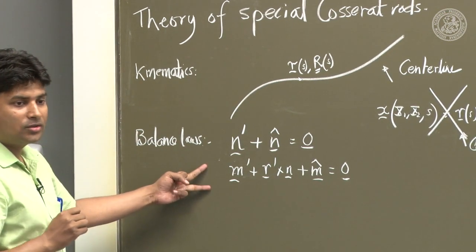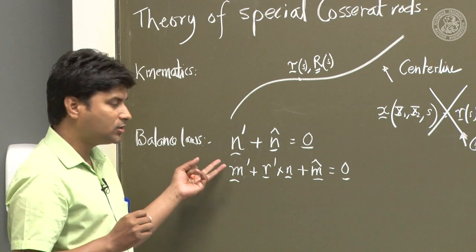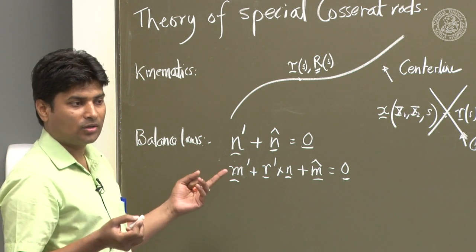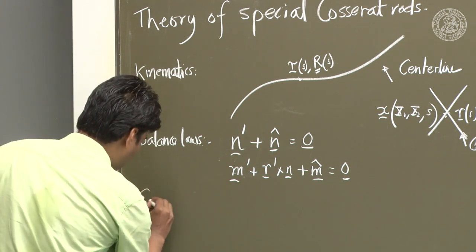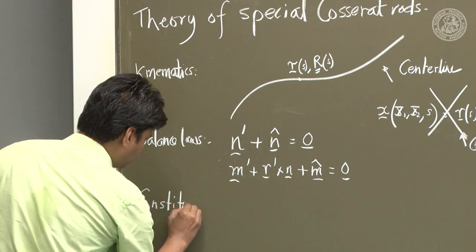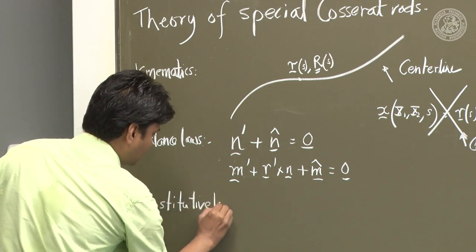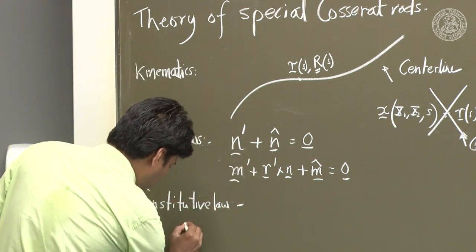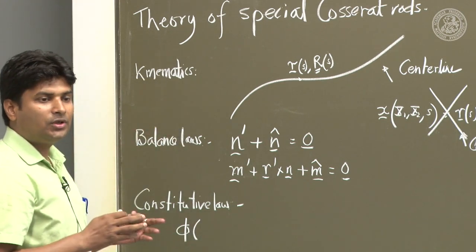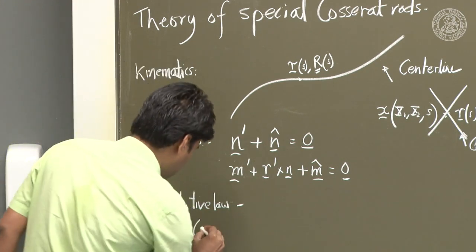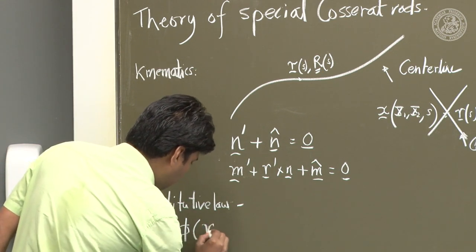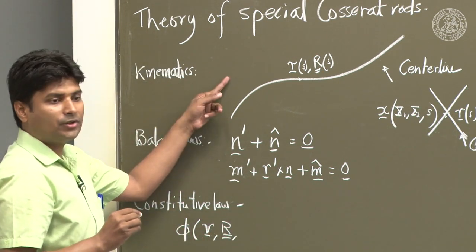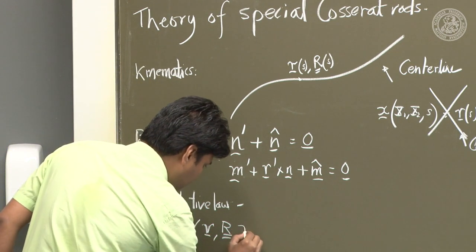Once we had the balance laws, we saw that we have more unknowns than equations. So that's where we started thinking about the constitutive model. We postulated a strain energy per unit undeformed length, a function that must depend on the kinematics of our theory and its first derivative.